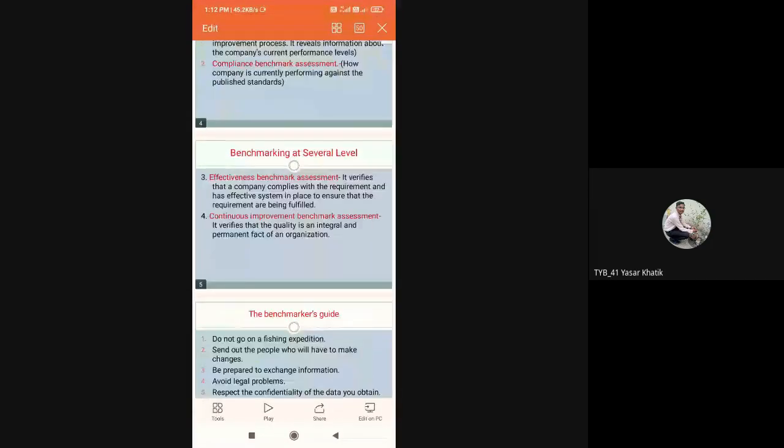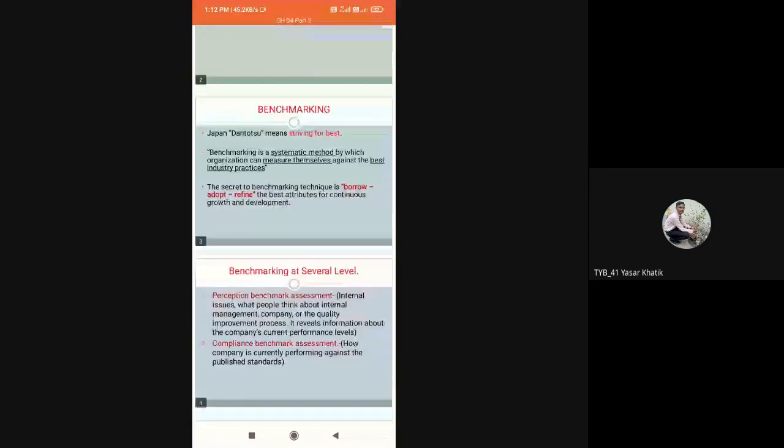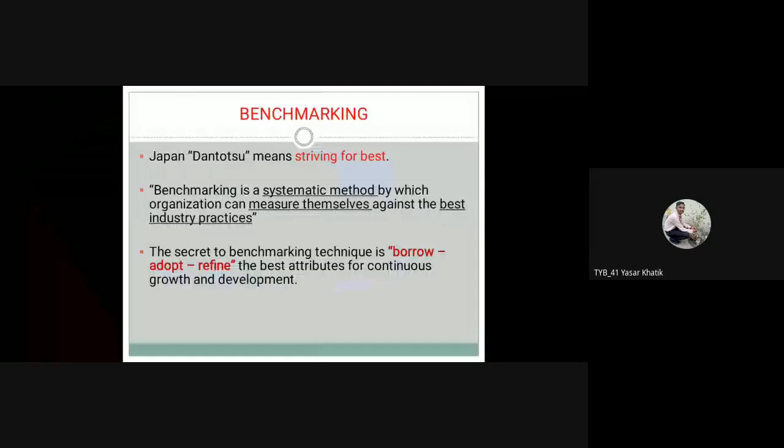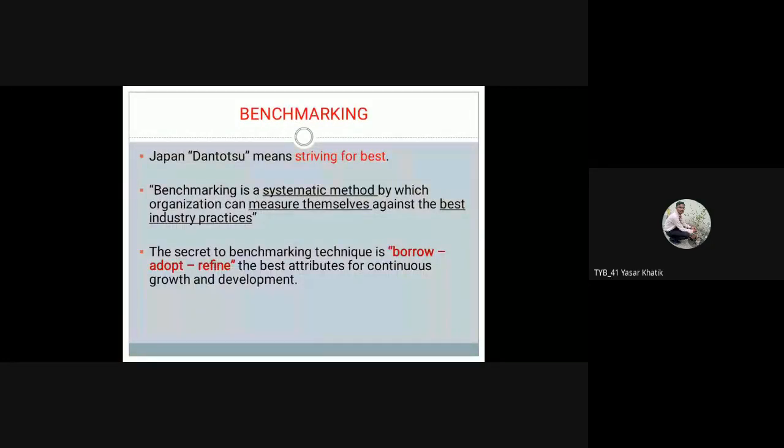Okay. So now you can see here, we will start the second part. Now you can see benchmarking.